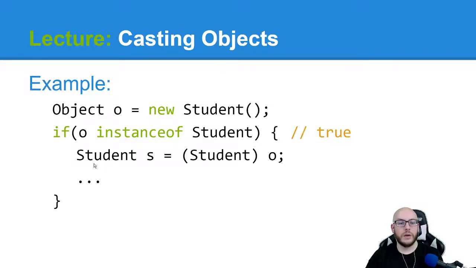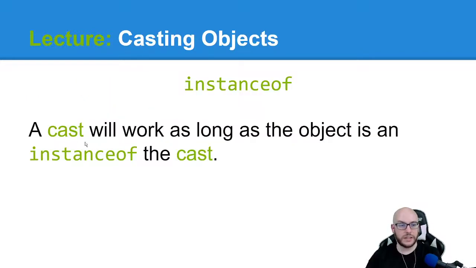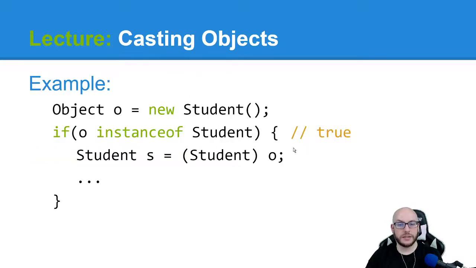Okay. What that means is this cast will work. What the previous slide just said: the cast will work as long as the object is an instance of the cast. So what we're asking here is, is the runtime data type of O, student, an instance of student? Is student equal to or beneath student in the class hierarchy? Yes. Okay, then the cast will go through.